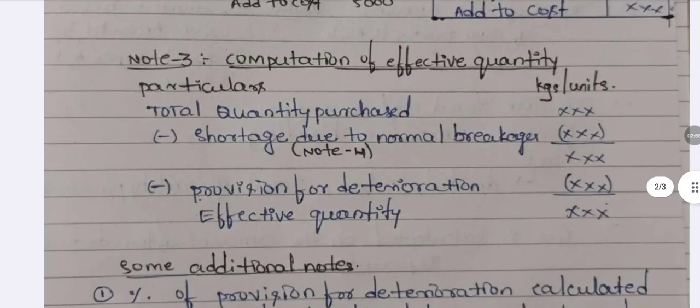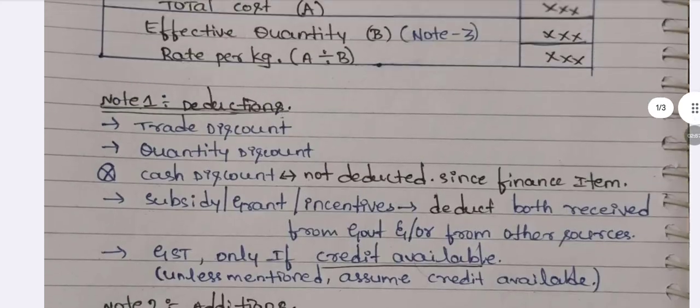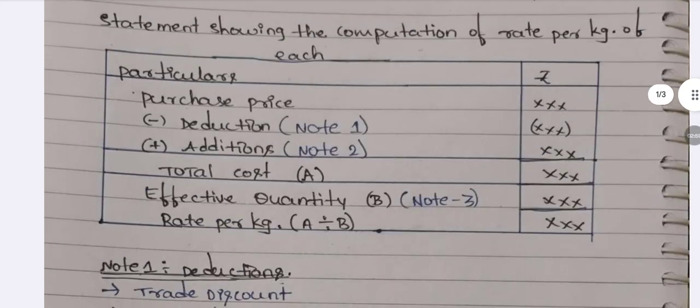Then once we get the purchase price, and we know the deductions and the additions, we get the total cost, but we need the effective quantity for calculation of the rate per kg or unit. Then how to calculate the effective quantity?